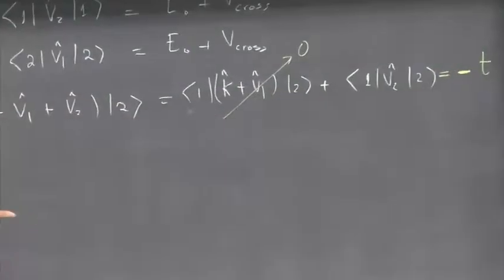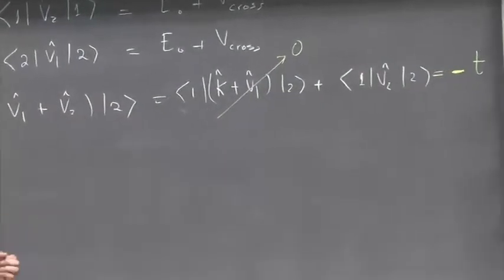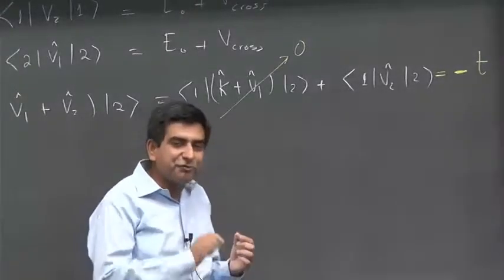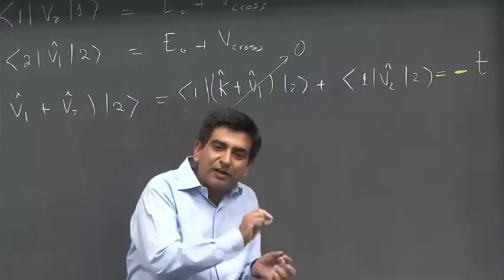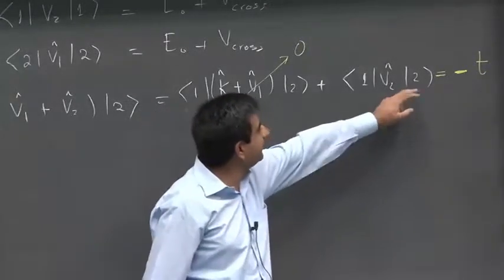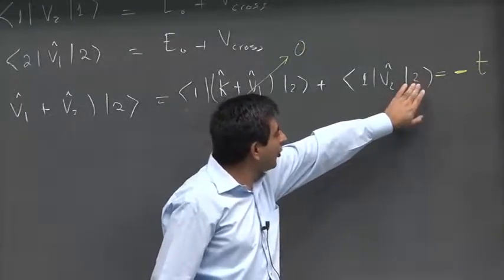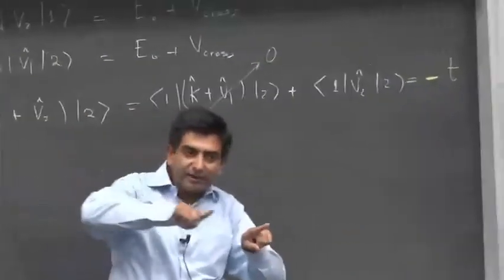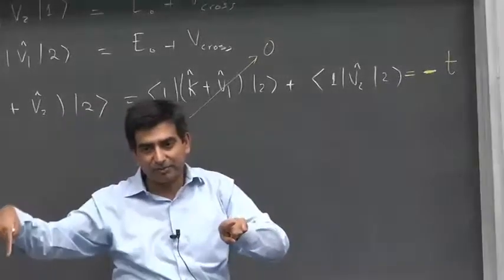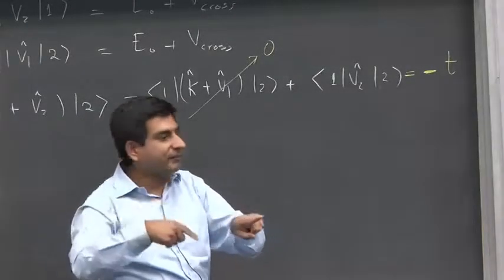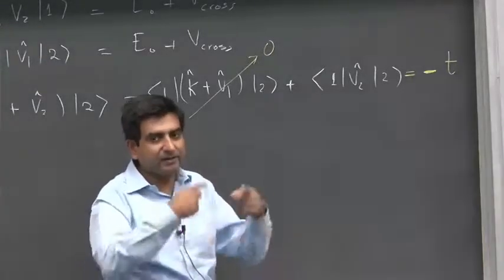What this term physically tells us is the amplitude of transfer of the electron from one orbital to the other. It couples orbital 2 to orbital 1. So the electron can make a hop or it can tunnel from one orbital to the other orbital. I will explain this further in a minute in a better manner.